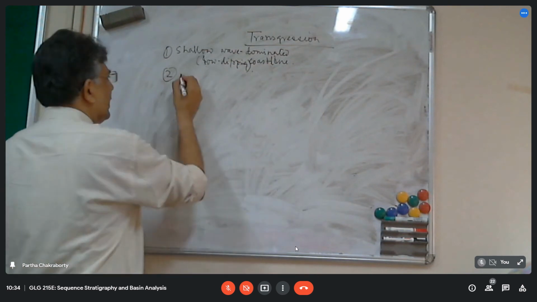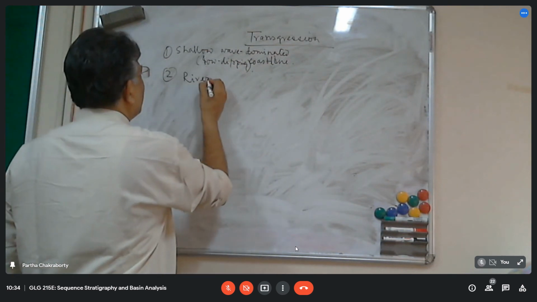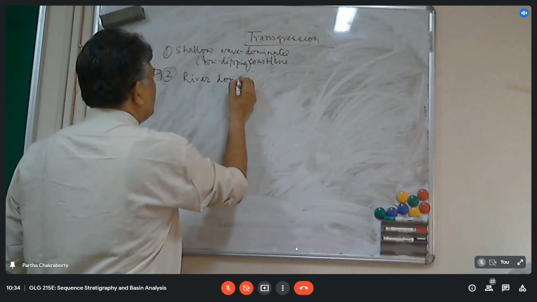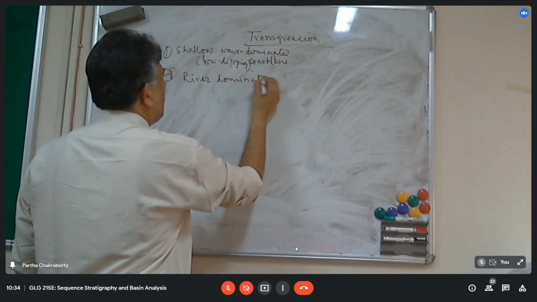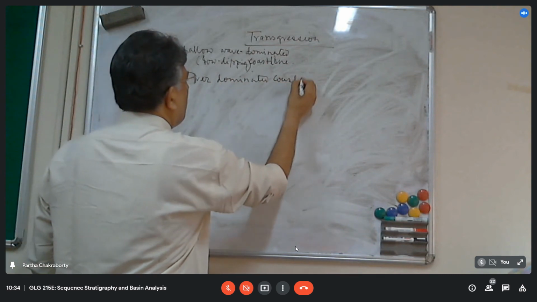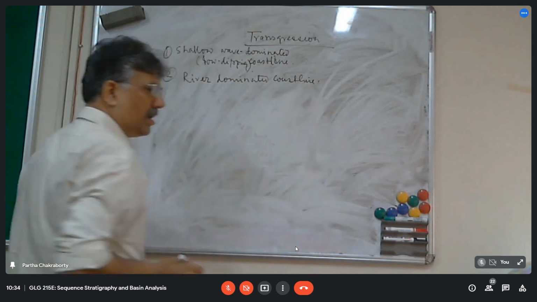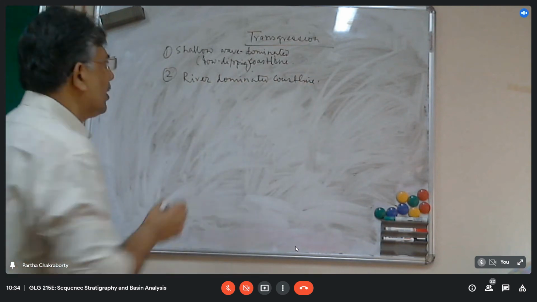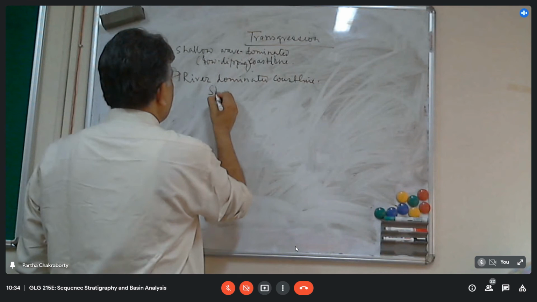Another is river dominated coastline, which is commonly steep dip.